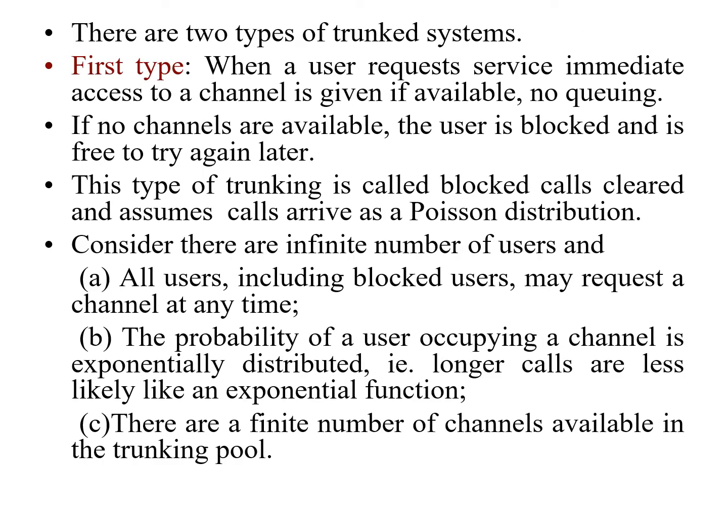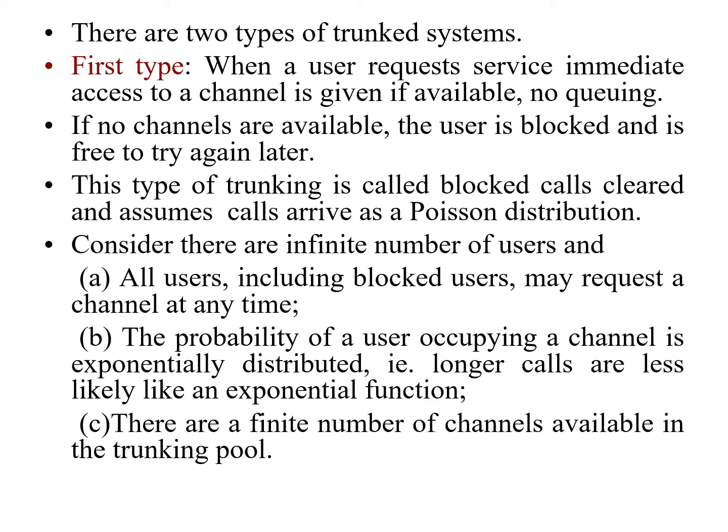There are two types of trunk systems. First type, when a user requests service, immediate access to a channel is given if available, and no queuing. If no channels are available, the user is blocked and is free to try again later. This type of trunking is called blocked calls cleared and assumes calls arrive as a Poisson distribution.